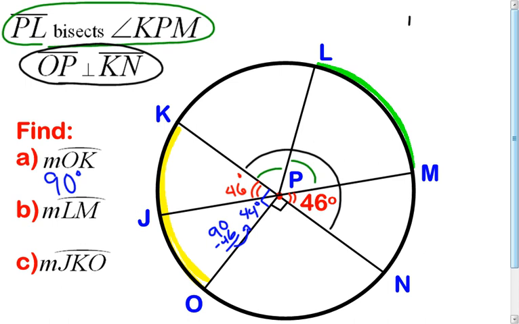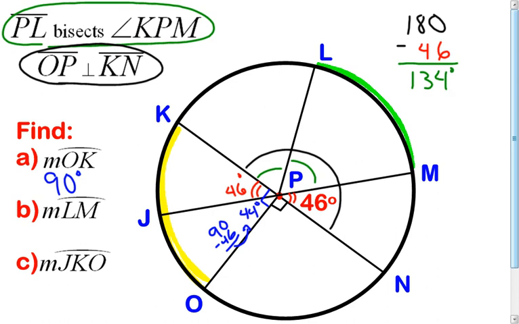So what I can do is take 180 and subtract 46 degrees, which is one of them. And that's going to give me the measure of those two green angles together. And I'm going to end up with 134 degrees.